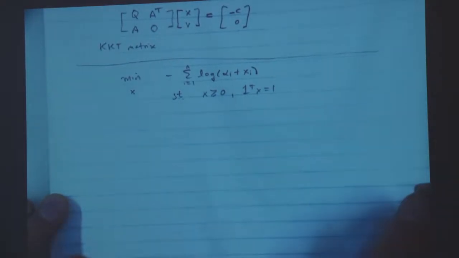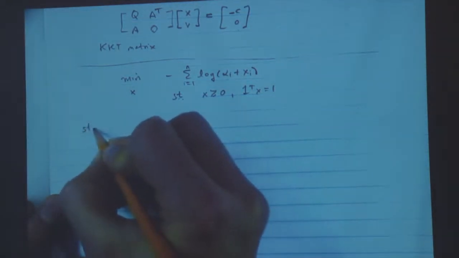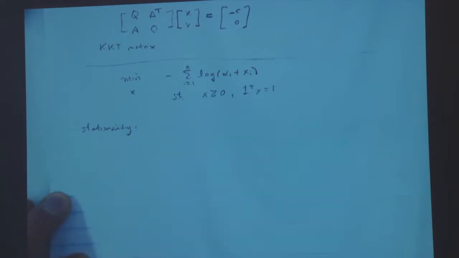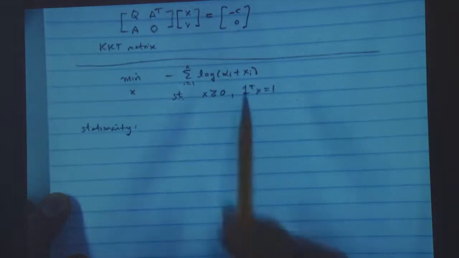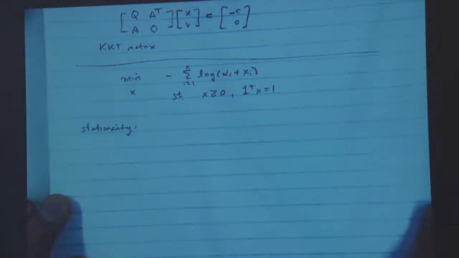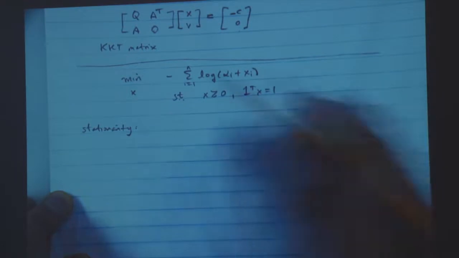But let's write down the KKT conditions. Let's go through them one by one like we did last time. Stationarity just says that if we form the Lagrangian, we take its gradient with respect to x, because all of these functions are convex and smooth, then we have to have that equal to 0.